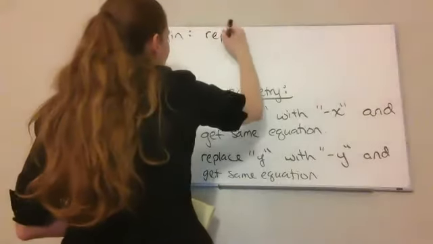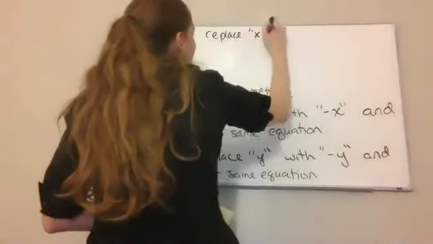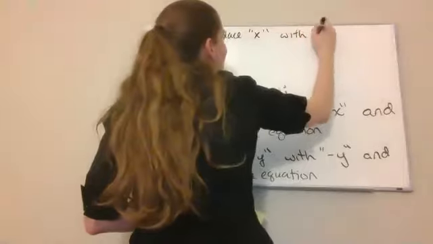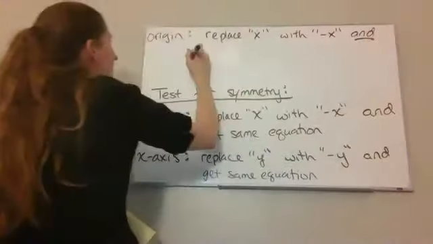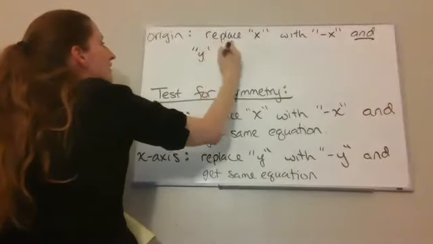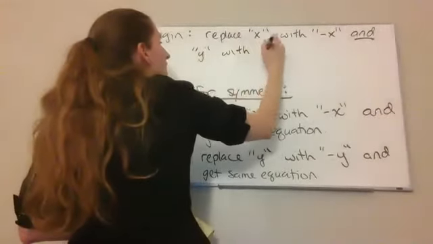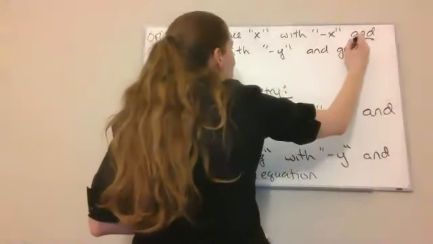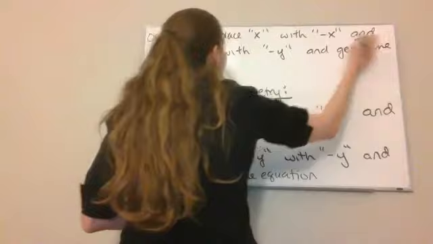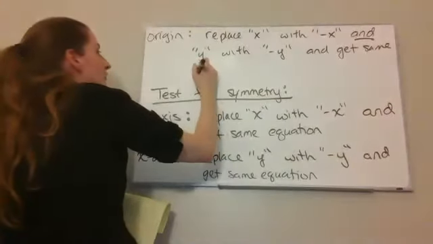So you replace x with negative x, and you replace y with negative y. And if you get the same exact equation, then it's symmetric with respect to the origin.